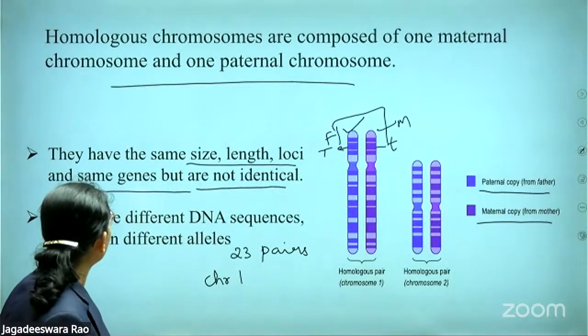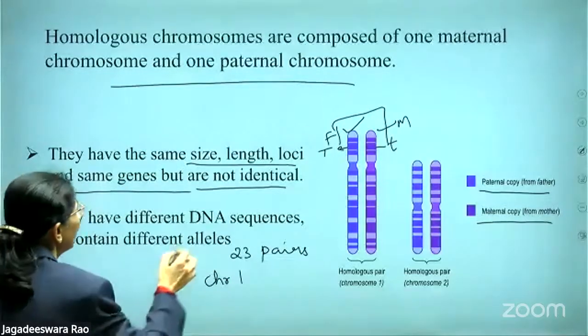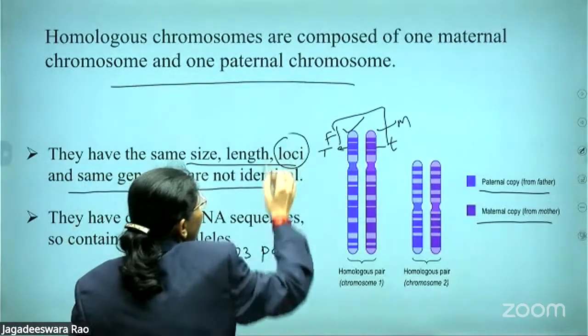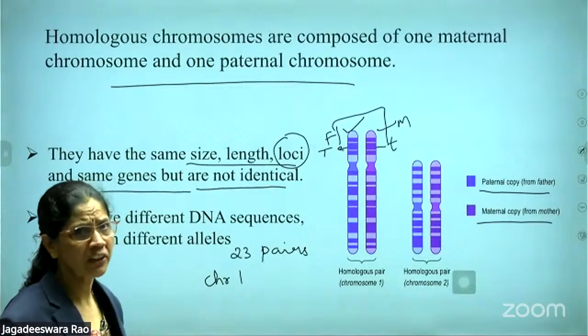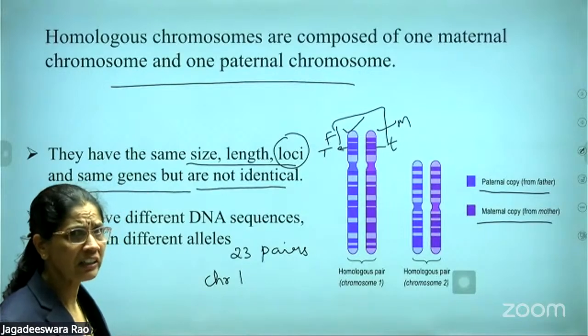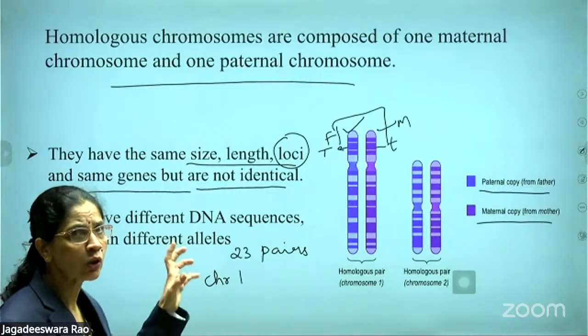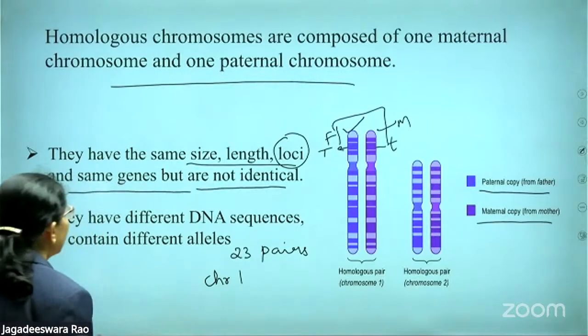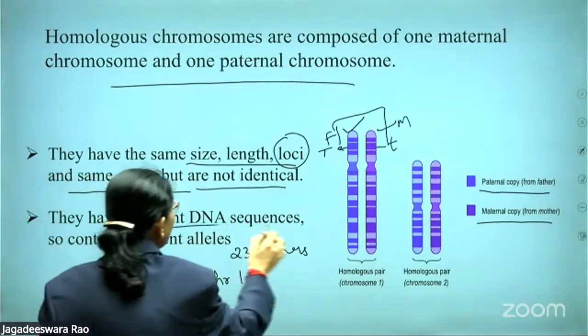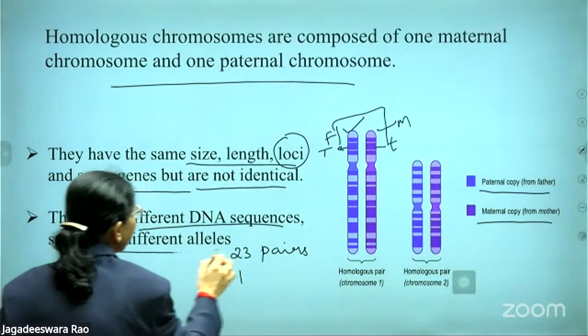Now you have to remember what a loci is. Loci means many regions where genes are found. This I already discussed. Locus is the position of the gene in a chromosome. Now they have different DNA sequences, so contain different alleles.